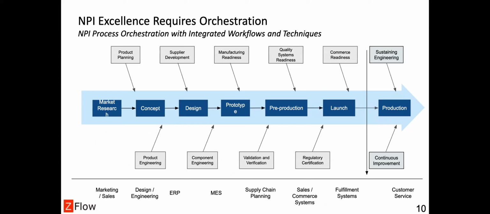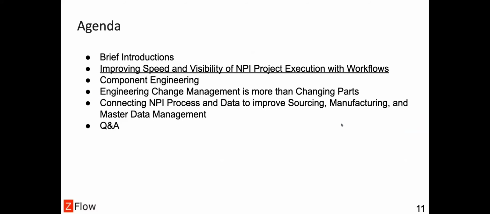How do you do an NPI program at a high level, but still have the visibility and the execution capability at the lowest level possible, right? So these are some of the challenges here that we've seen from an overall NPI process.